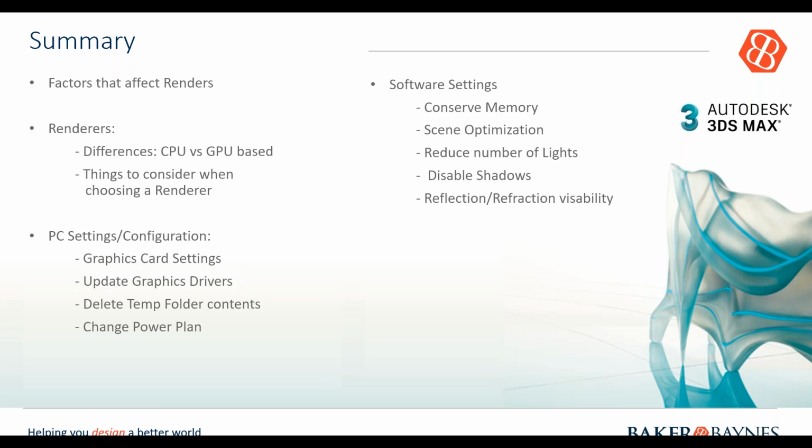Then the last thing that we looked at was software settings. Under render setup, there's conserve memory. Let's make sure that's unticked to get the best quality image that we can possibly get. Also, we did a scene optimization by clicking an object, whatever it might be, and going to optimize that specific object.